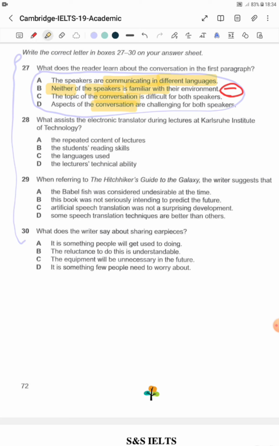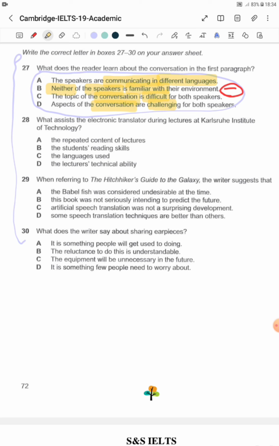Okay, so we have unfamiliar. Number C is difficult. Difficult is related to conversation. And number D is challenging. Okay? So I can find adjectives in relation to similarities.